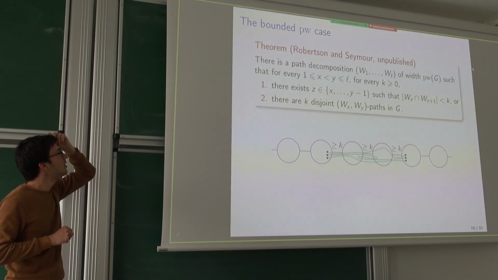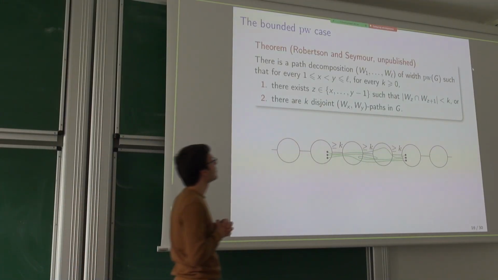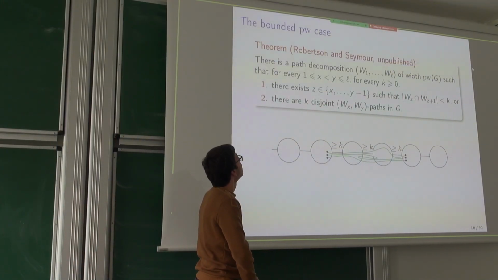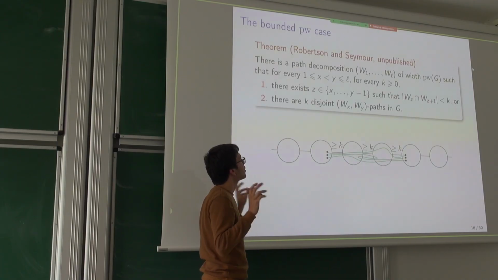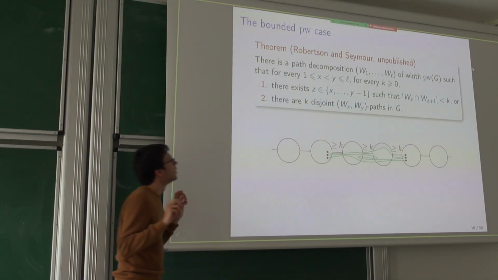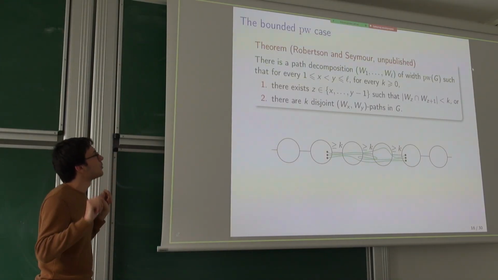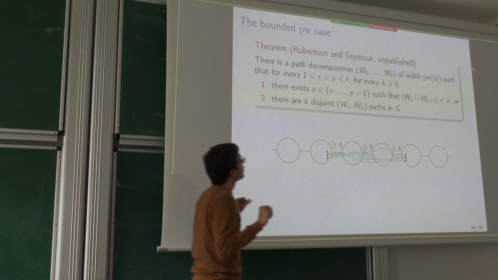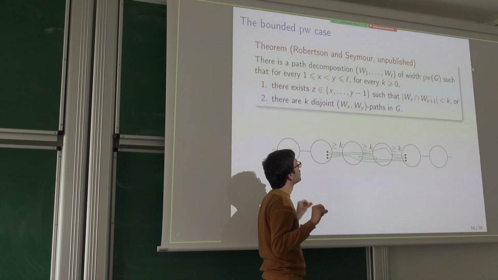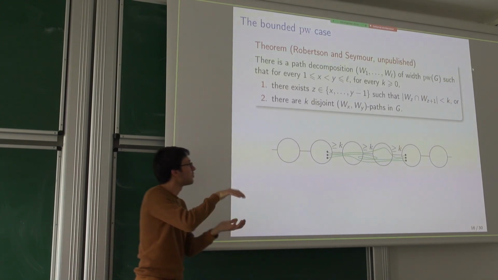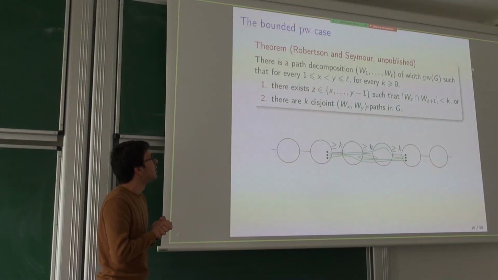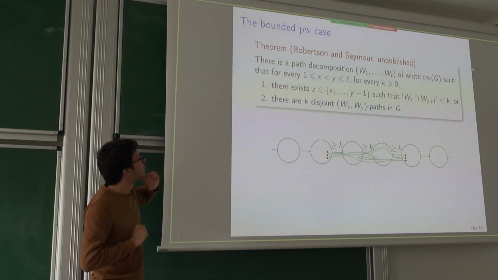the pathwidth is bounded using this theorem by Robertson and Seymour, which says that there is a path decomposition which is well connected and of minimum width. So the width is the maximum size of the bag minus 1. And so not only will you find a path decomposition where every bag is small, it has minimum width, but additionally, there is a very nice connectivity property.